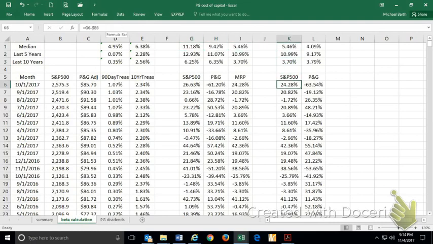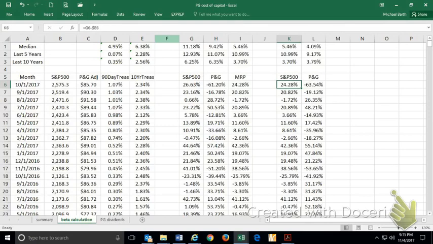Now, if you're calculating the capital asset pricing model, you subtract the risk-free rate from the total return. That's to get the market risk premium. And you do that for both the S&P and Procter & Gamble. I'm going to use the 10-year Treasury because that's what I do.